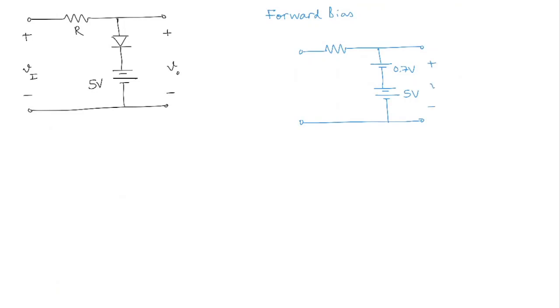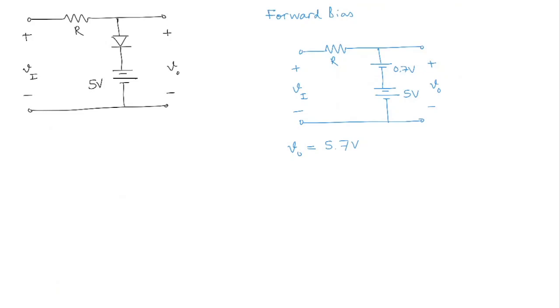And so what's VO going to be? VO is going to be 5.7 volts. It's just the addition of this voltage and this voltage.